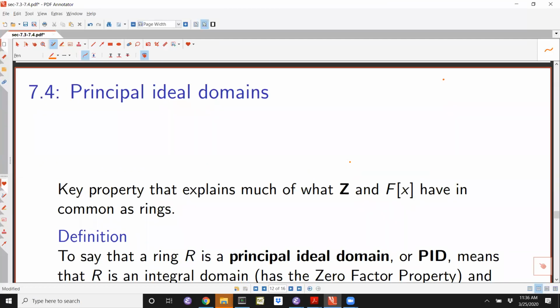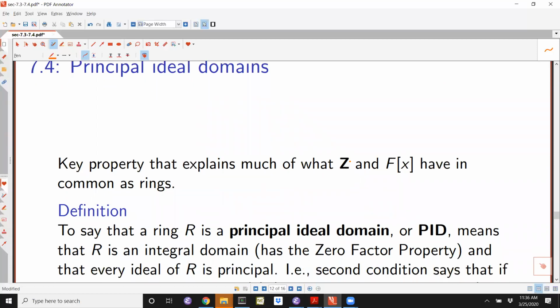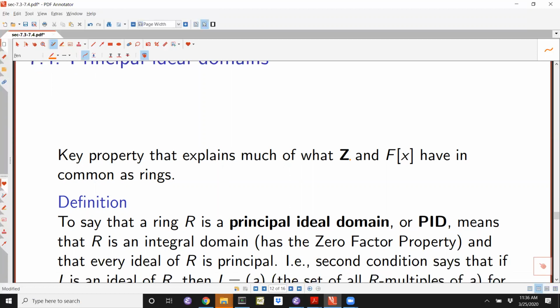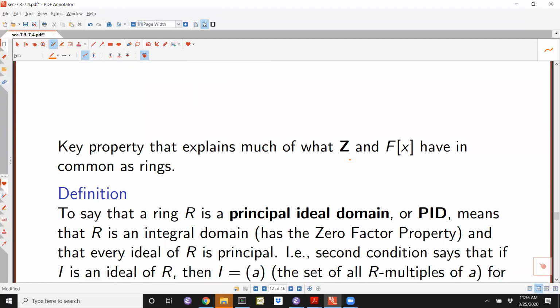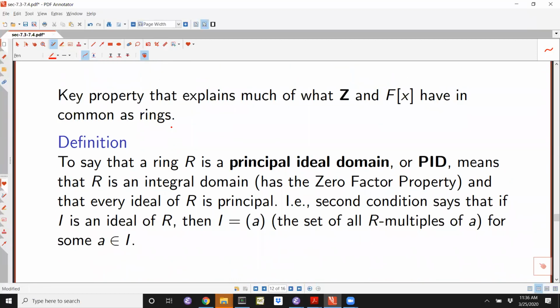Okay, so I want to introduce this idea of principal ideal domains. The property of being a principal ideal domain is a key property that explains much of what the integers and a ring of polynomials with coefficients in a field have in common as rings. If you get anything theoretically out of this course, I want you to get this idea that the algebra of the integers and the algebra of polynomials with coefficients in a field are essentially the same.